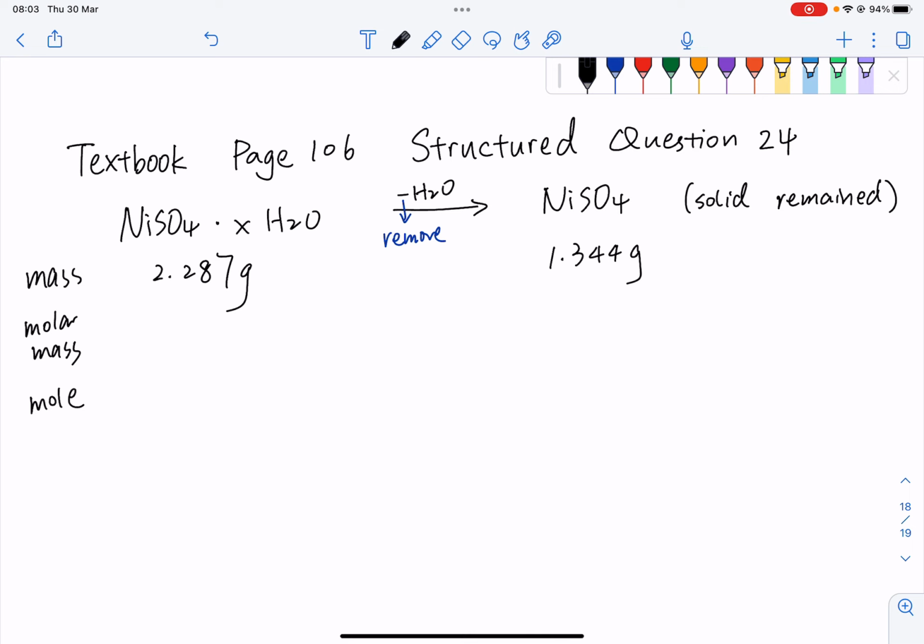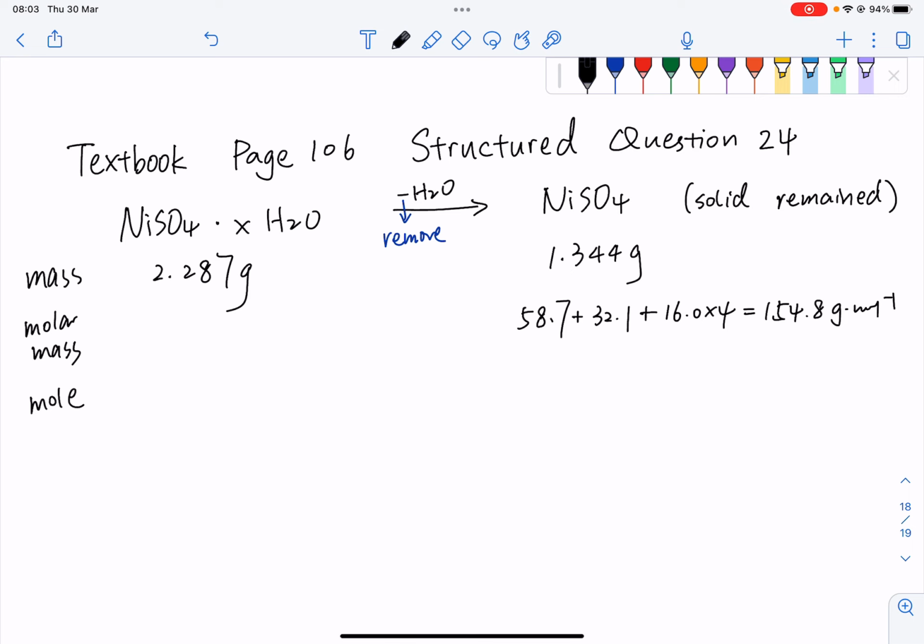So add all the things together: 58.7 plus sulfur 32.1, and then plus 16.0 times 4. If I type in the calculator, this is 58.7 plus 32.1 plus 64. This will be 154.8 grams per mole, right?